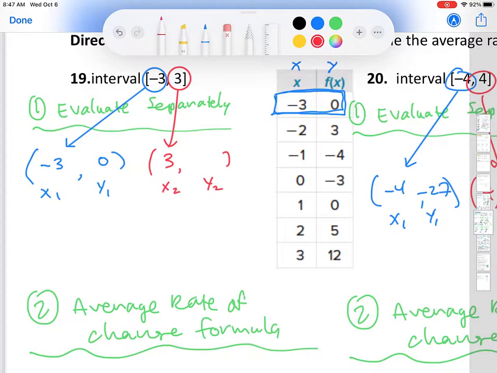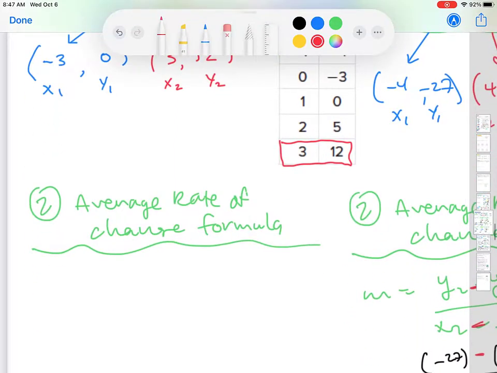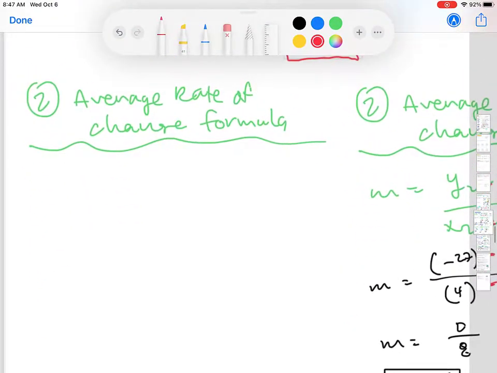So go ahead and locate on the table of values one that has a 3 there, and it's 12. 3, comma 12. Let's write that down. And so now we're going to do the second part of the average rate of change formula. Always, always, always write down your formula. M equals y2 minus y1 over x2 minus x1.